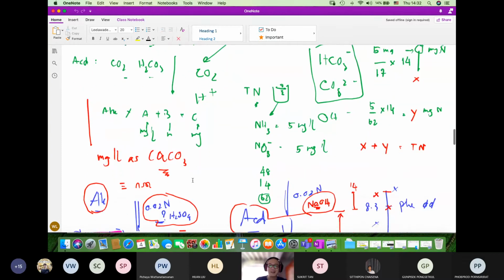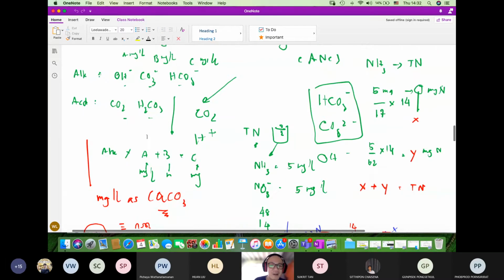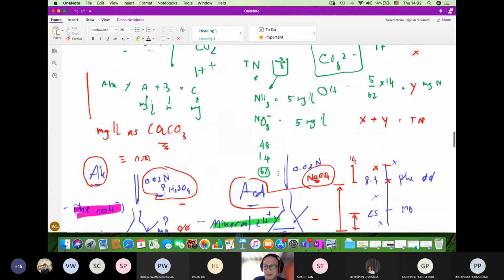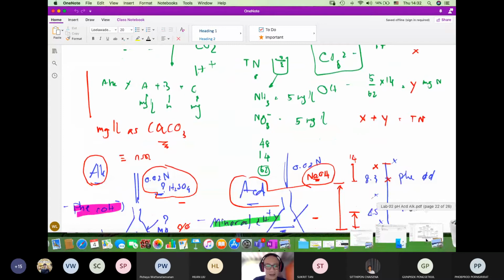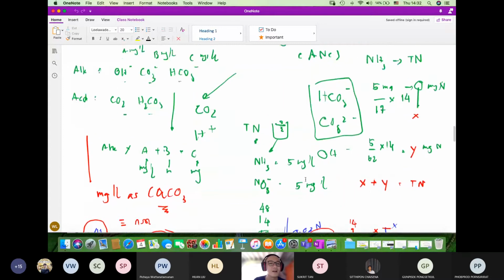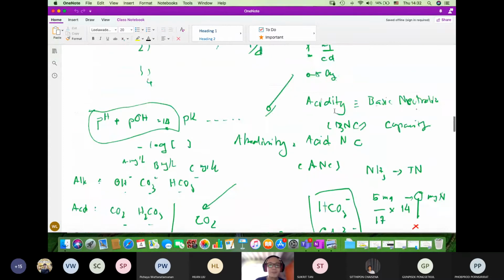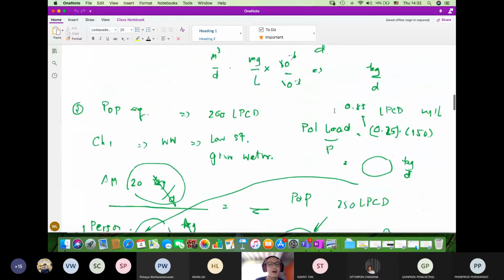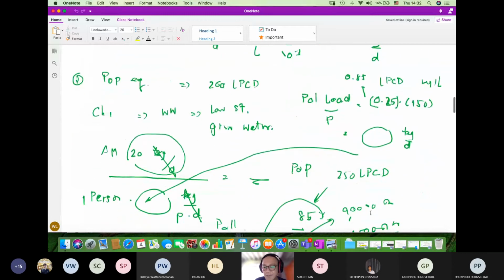So these are the reasons why we have to convert into the same unit, because the major cause of these parameters is probably due to various species. Okay, so this is the background theory about alkalinity and acidity.